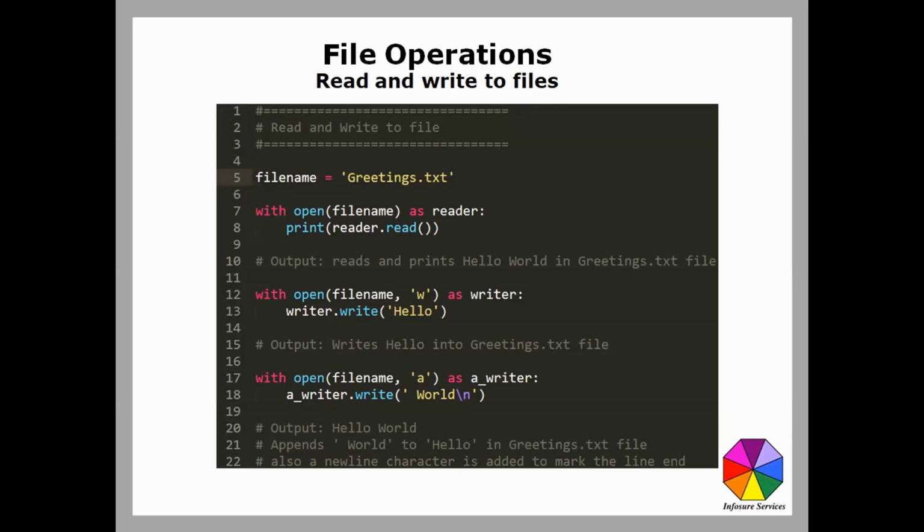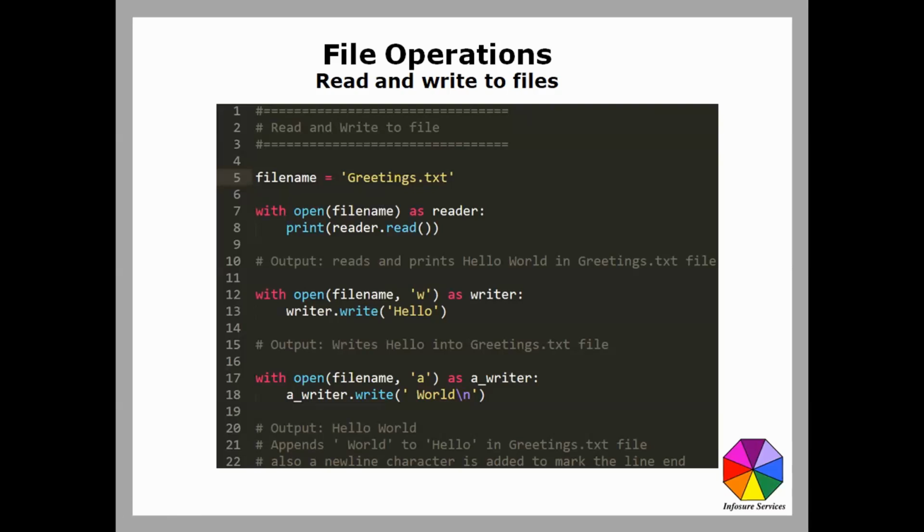The name of that file we are taking as greetings.txt in this case. Python can open text files, and that's why we have this .txt extension, which represents a text file.